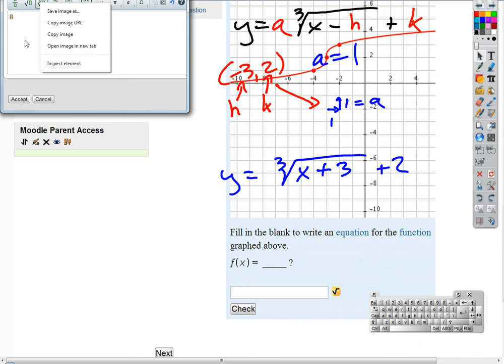This pen is doing weird stuff here. I don't know what the deal is. Been doing this all day. Cube root of x plus 3. Okay, now we've got to get outside, so click out there to get out, or I think you can hit the right arrow too. Plus 2.